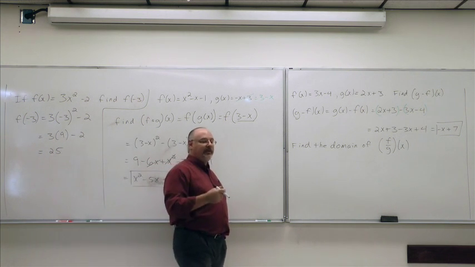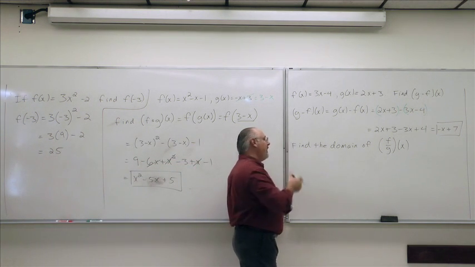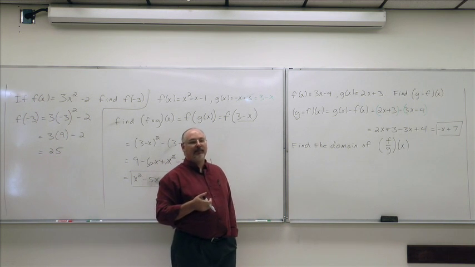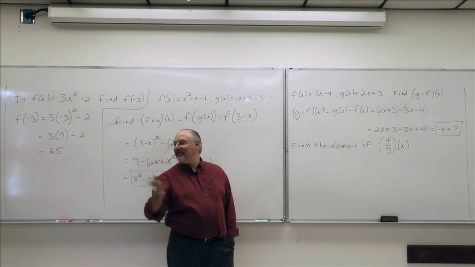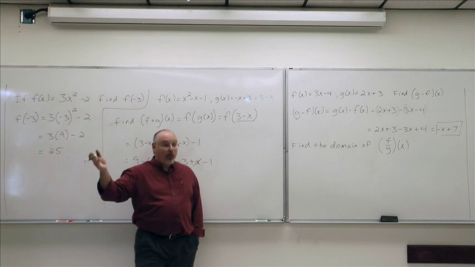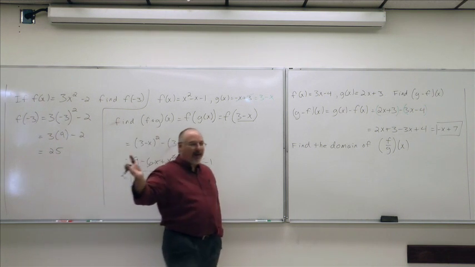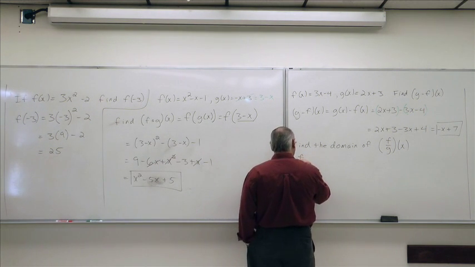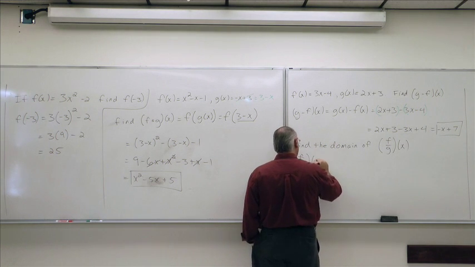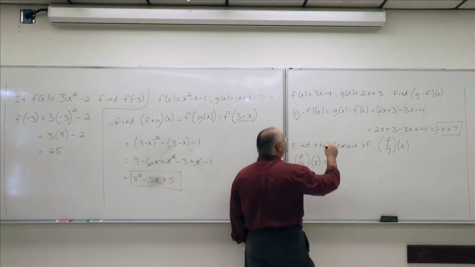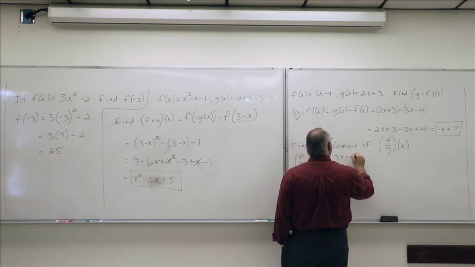What's the first thing we should do to find the domain of f over g of x? Write the function. Write f over g of x. So f over g is 3x minus 4 over 2x plus 3.